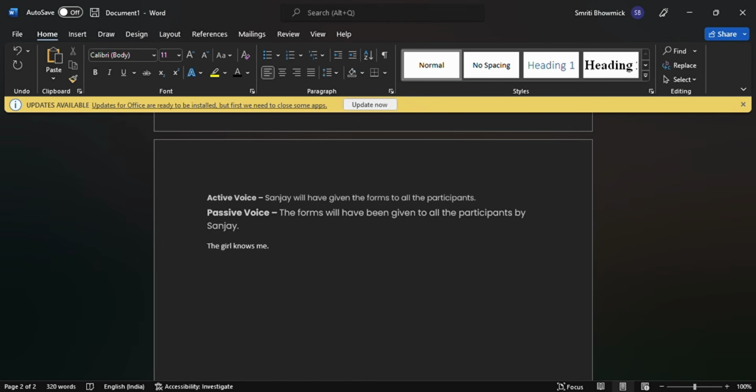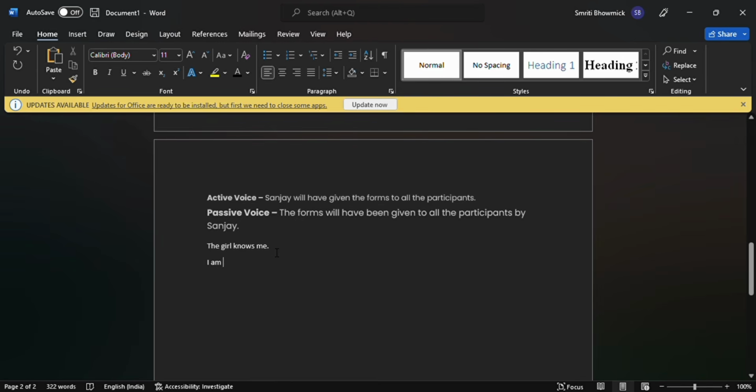I have taken a very simple sentence so that you can understand it in one go. Now when I am turning it into the passive voice, in this sentence we can see the object is me, right? When I am keeping it in the first position, in the position of subject, it will be written as I.